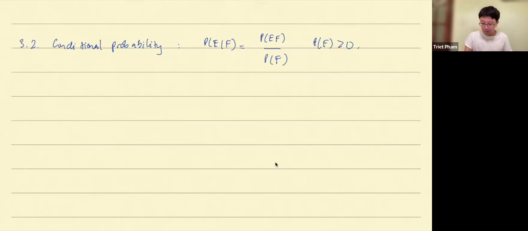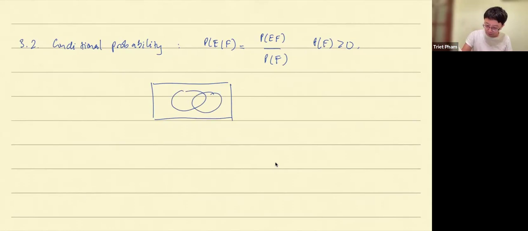And the interpretation is that if you have two events, E and F, then P of E given F gives the relative weight of E with respect to F. So the interpretation is that you know that F has happened.